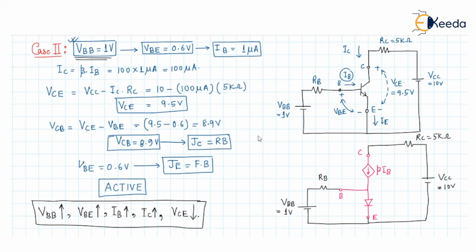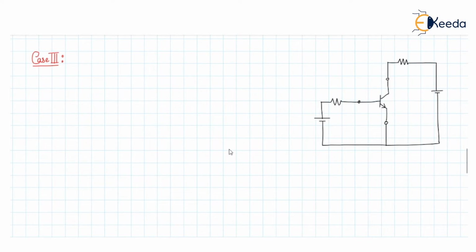Now let us increase the VBB potential further. So in case 3, what we will do, we will make the VBB potential 2 volt. So here it is the VBB potential and it is 2 volt. This is the RB resistance.